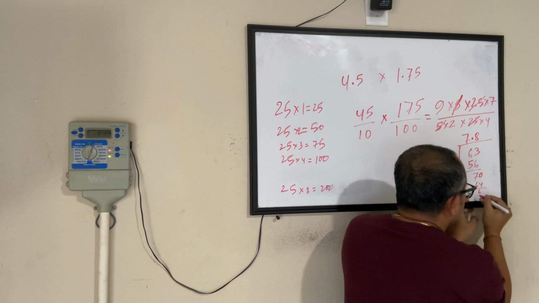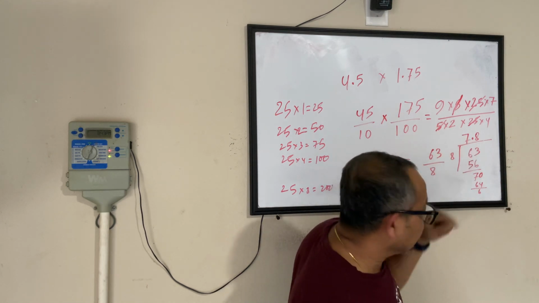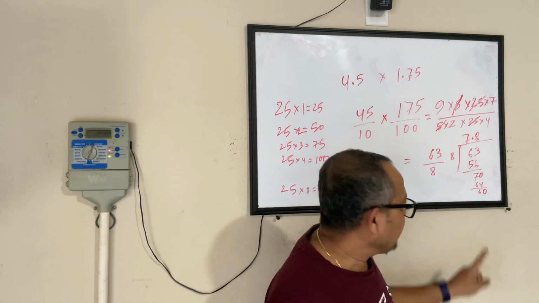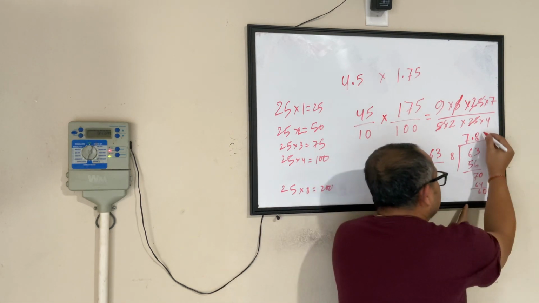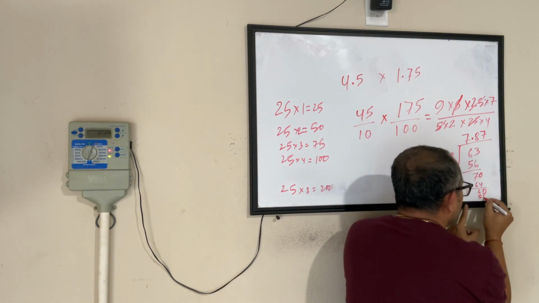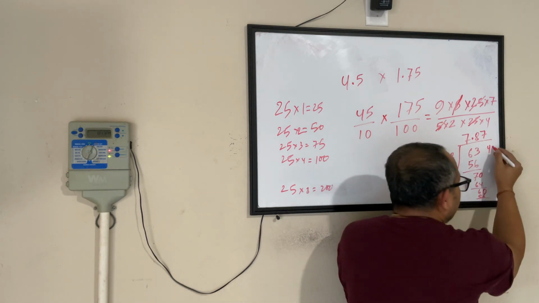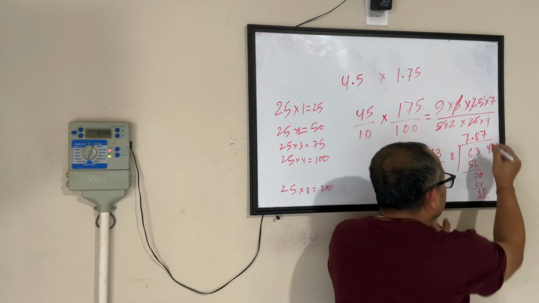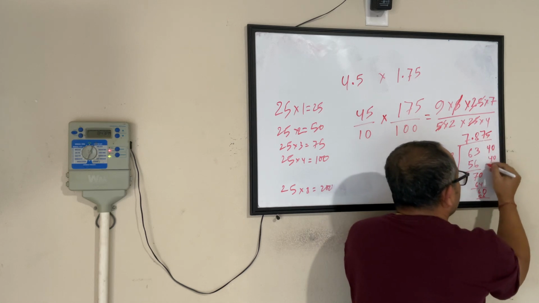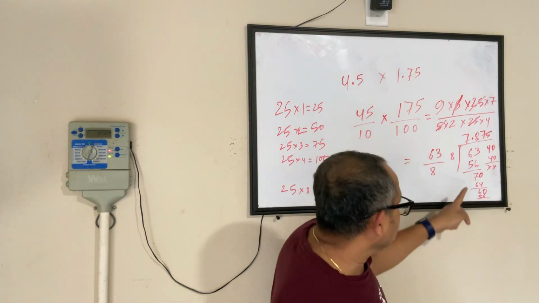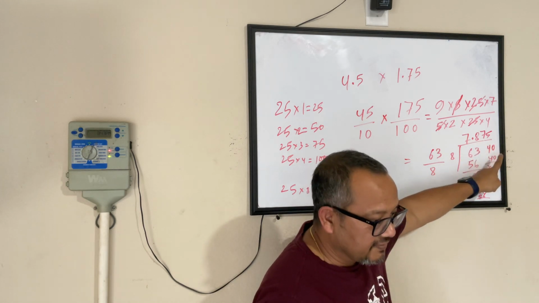What is remaining? 6. Again, chicken is there. So it keeps giving one egg at a time. 8 times 7 is 56. What is remaining? 4. Chicken is there. It gives one more egg. 8 times 5 is 40. Yep. So the answer is 7.875.